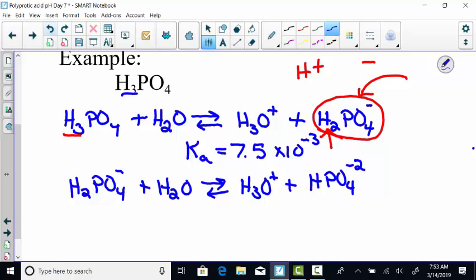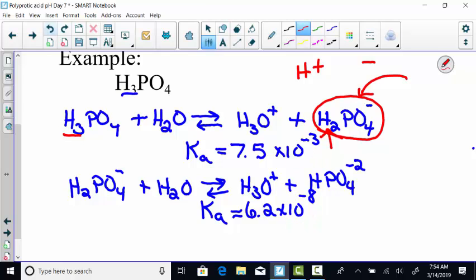Now, this also has a Ka value, and that Ka happens to be 6.2 times 10 to the minus 8. One of the things that you should have gotten from one of the worksheets that we did is, as this gets smaller, we get shifted further and further to the left.